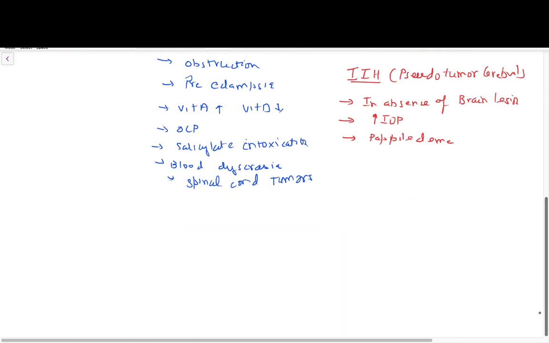Now, what is the treatment of papilledema? Remember, for treatment of papilledema, you have to treat the cause. So in idiopathic intracranial hypertension, if you have causes like preeclampsia, salicylate intoxication, OCPs, or blood dyscrasia, you have to treat the cause. Another important cause of pseudotumor cerebri in females is weight gain, so you have to tell the patient to do weight loss.